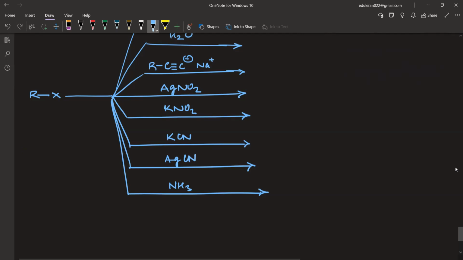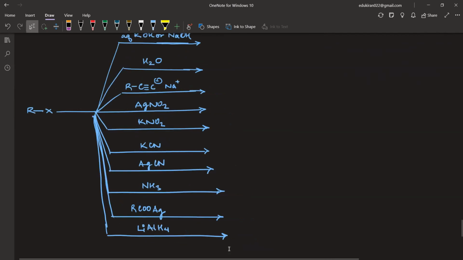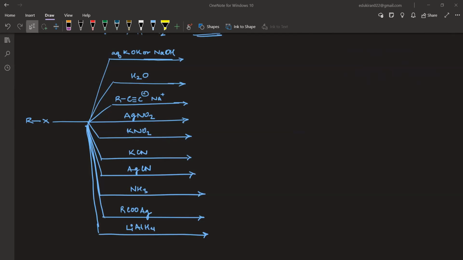There is also one RCOOAg। ये सारे रिएजेंट्स लिख लीजिए आप लोग। लिख लिया आप लोगों ने?